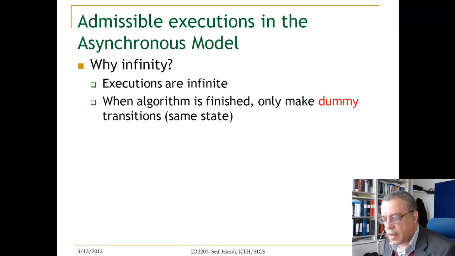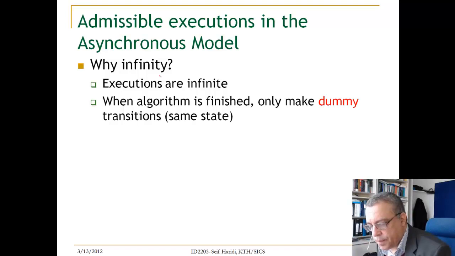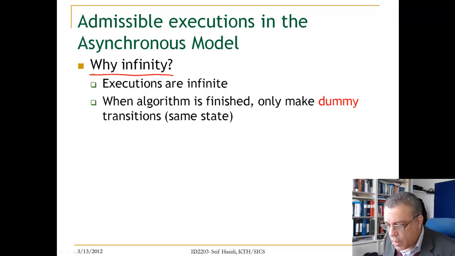Why do we talk about infinity, in the sense that each node has an infinite number of computation events? Well, we would like to distinguish between nodes that are running and did not crash, and nodes that will eventually crash. A correct node, a node that is running in the system, will always have some computation events to execute.